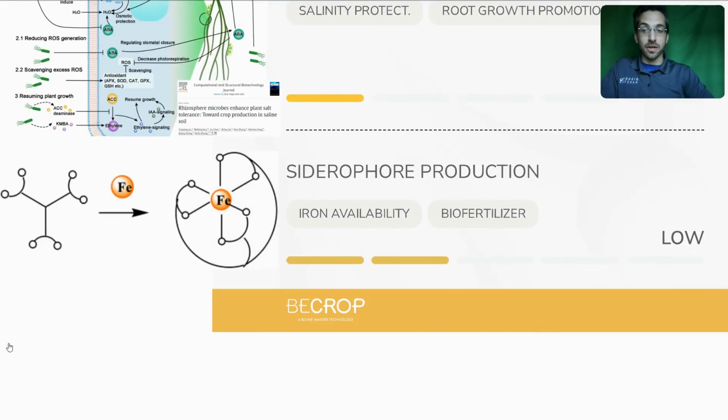Siderophores, these are iron chelating molecules. Chelate is Greek for claw. They basically are able to strip iron out of compounds that it's complexed in where it's not plant available.